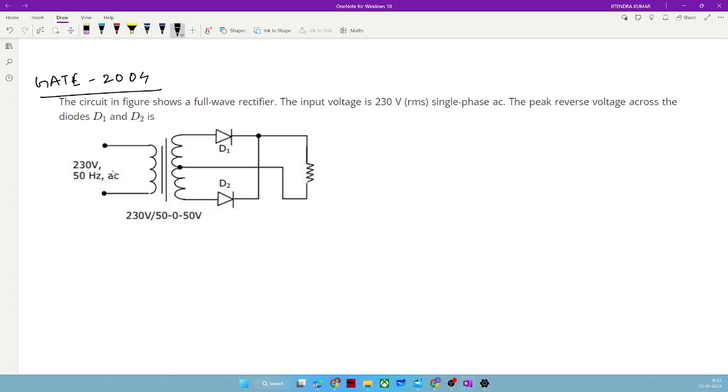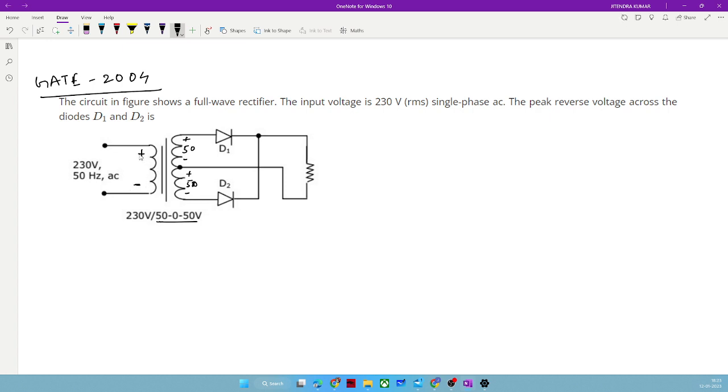So it was supplied with 230 volt 50 hertz AC, and it is getting transformed in a step down manner. So it will be 50, 0 and 50. It does mean by this kind of notation that this type of polarity will be here, which is quite obvious, when this terminal is positive, right?